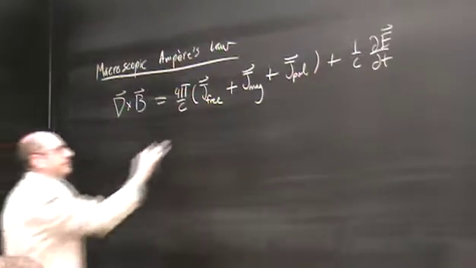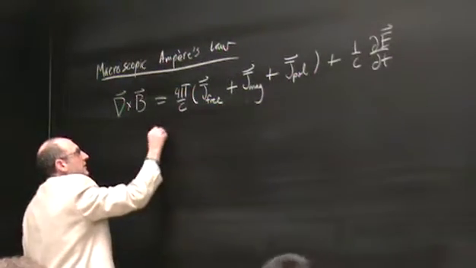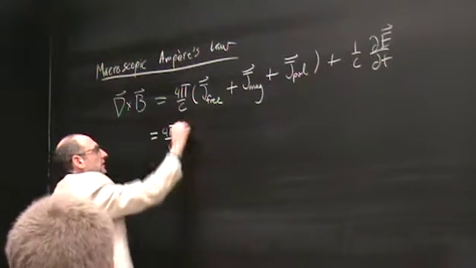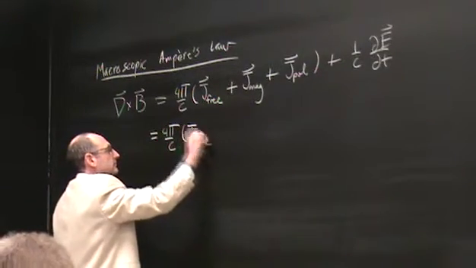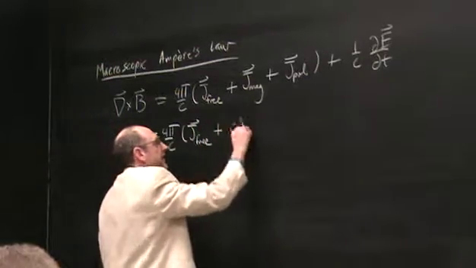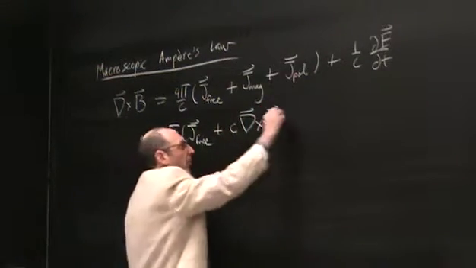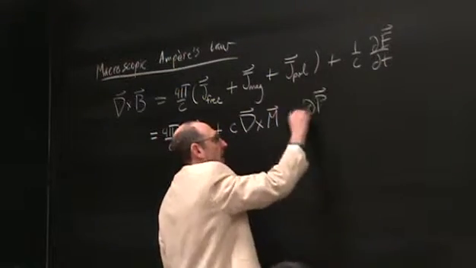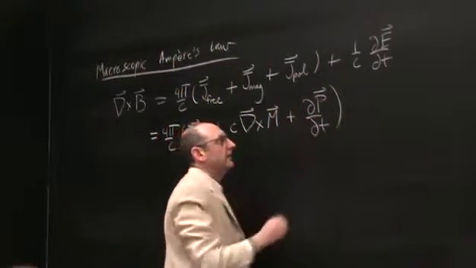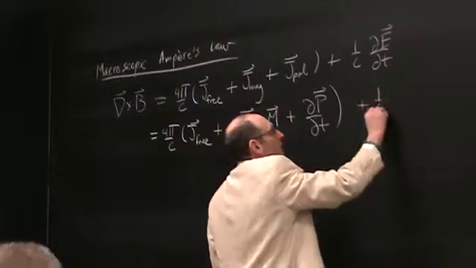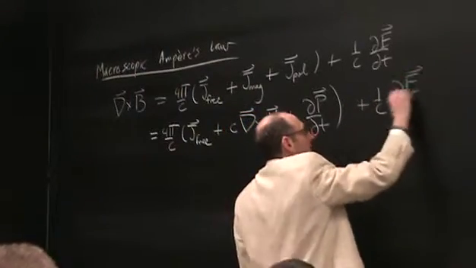So let's plug in for these guys. The magnetization current we said was C del cross M. The polarization current is the time rate of change of the polarization, plus 1 over C dE/dt.